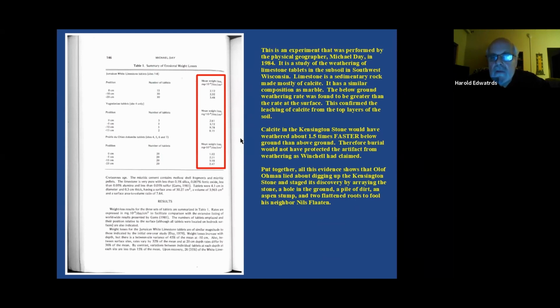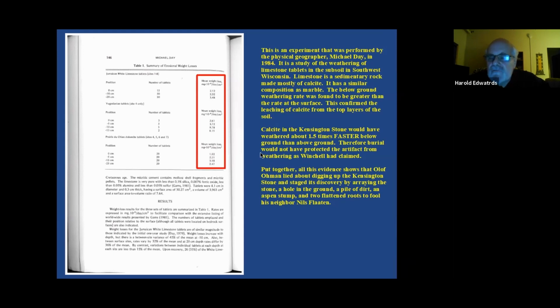They all lost more material at depth than they did at the surface. And they and other experiments as well have estimated that the weathering rate at depth is about 1.5 times faster than the rate above ground.